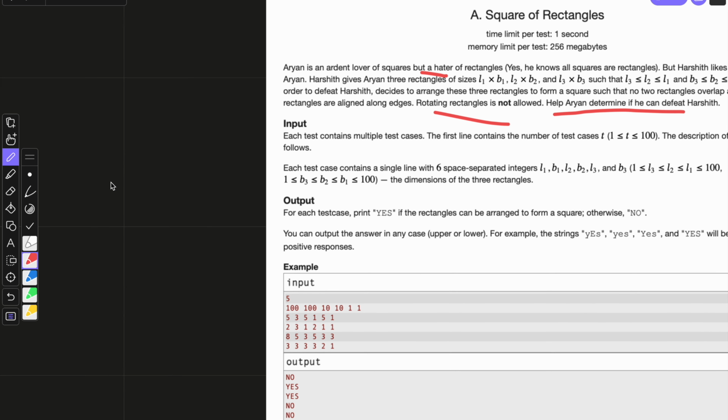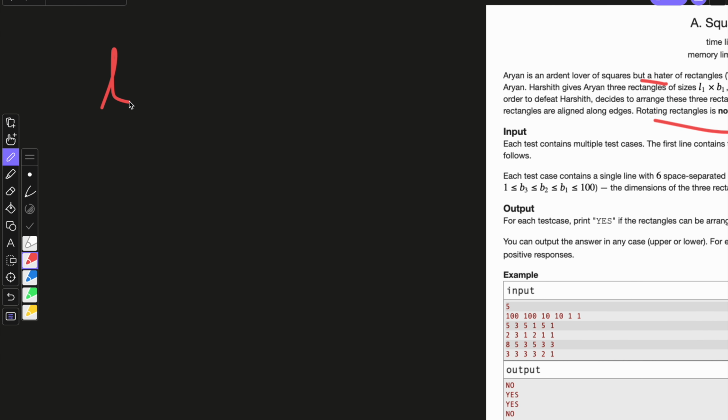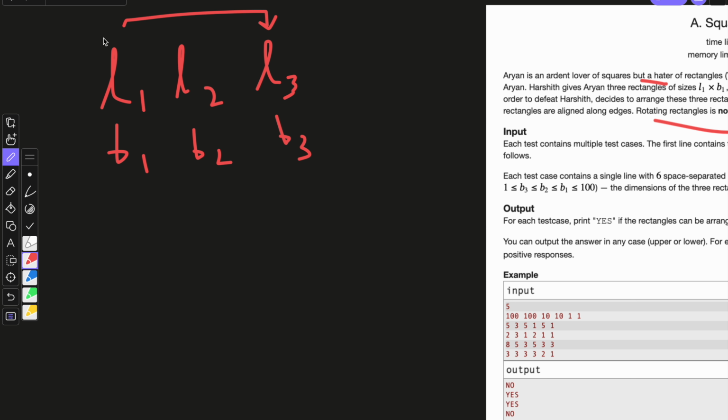So basically in this question we are given L1, L2, L3 and B1, B2 and B3. These are the dimensions of the three rectangles that are given.